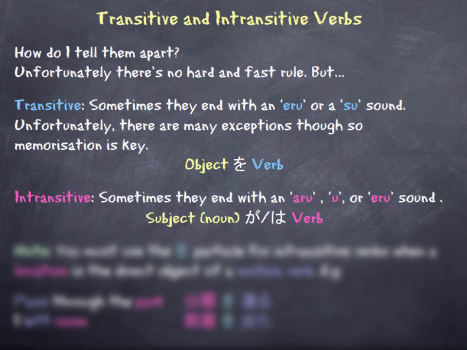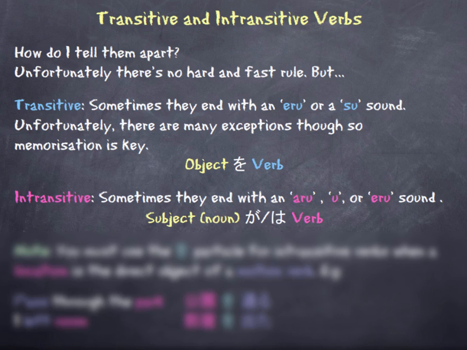And if it's an intransitive verb, again, sometimes they end with an aru, an u, or eru sound. But we can see here that both transitive and intransitive verbs can end in eru. So again, it really is a case of just learning them.